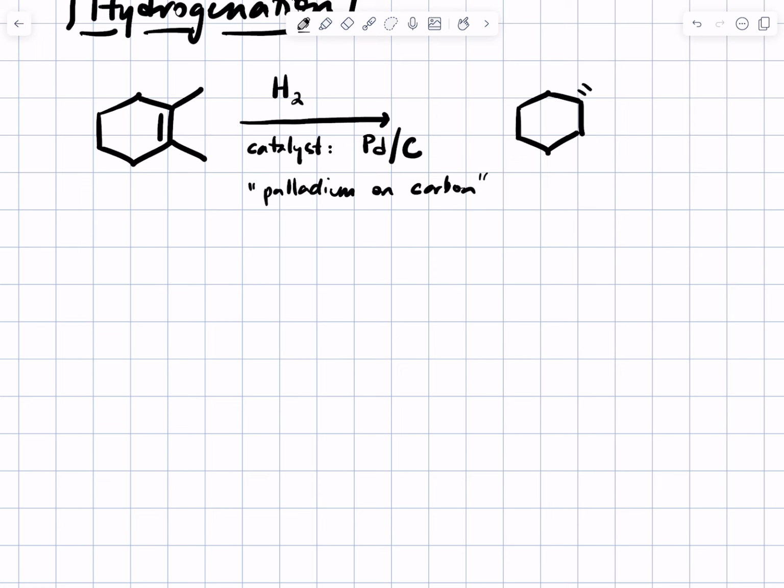What you see, however, is the syn addition of hydrogen across the pi bond. So if you imagine the surface of palladium metal immobilized on charcoal, you have a series of palladium atoms close to each other.